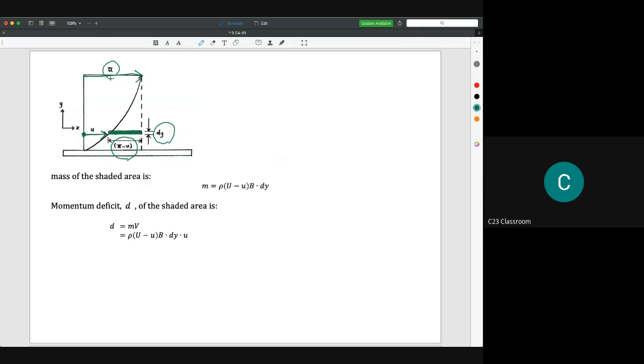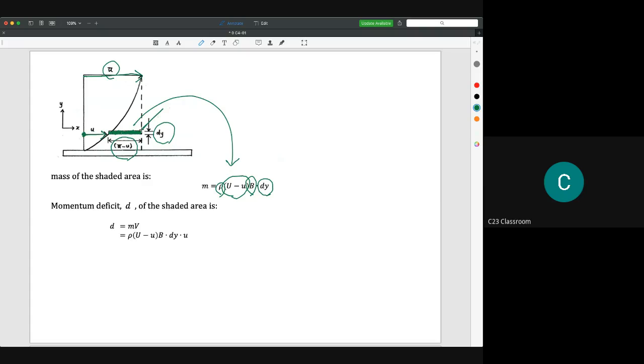So the mass for this green area can be written as rho times volume. So we have rho here, and the volume is the length of the strip, U minus u, and B is the width, and dy is the height.